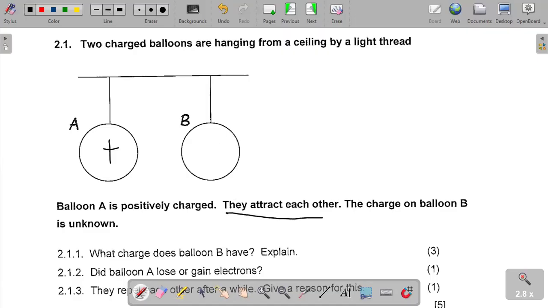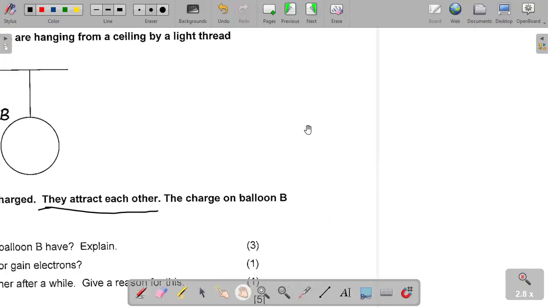So they're telling us that they attract each other. What kind of charges will attract each other? I told you in the summary, even in the flow chart, that materials with the same charge repel, and those with different charges will attract. So it means that these things have different charges if they're attracting each other. Opposite charges will attract, and the same charges will repel. So it means that B is negative.